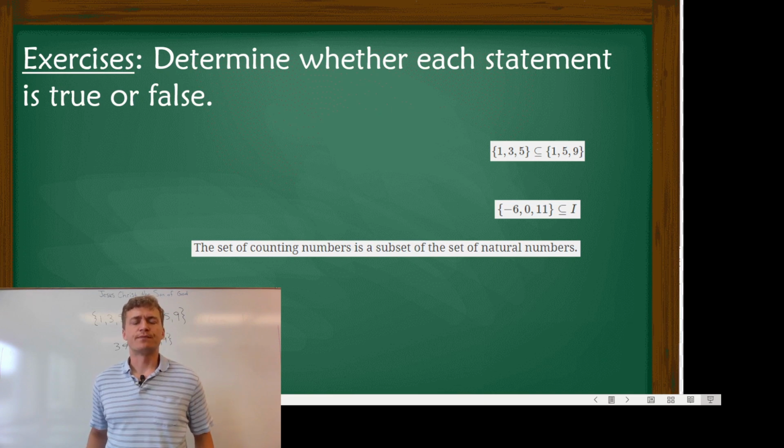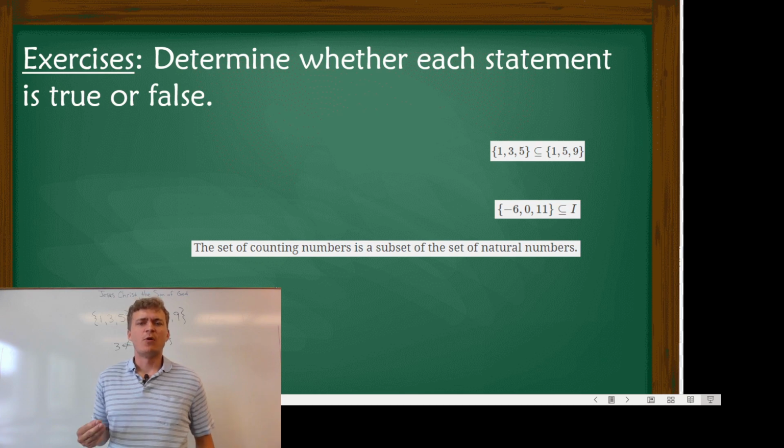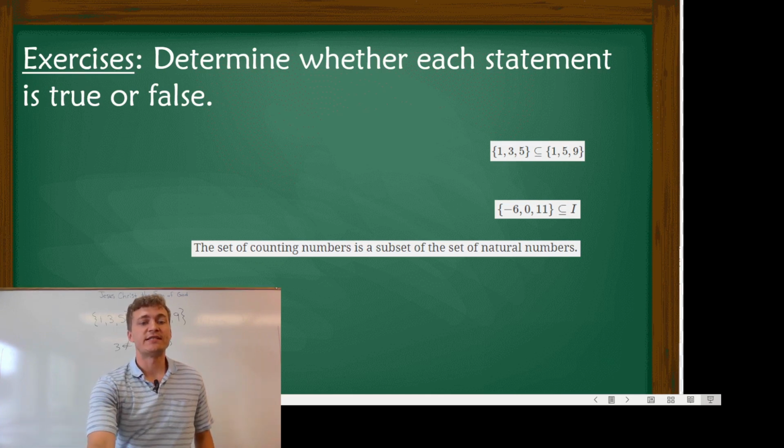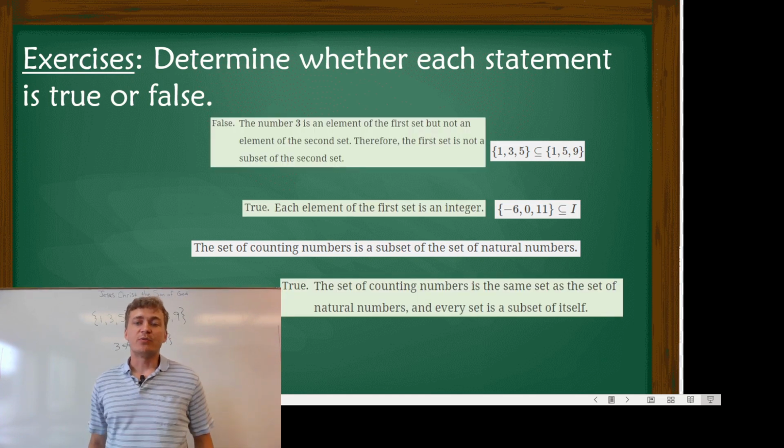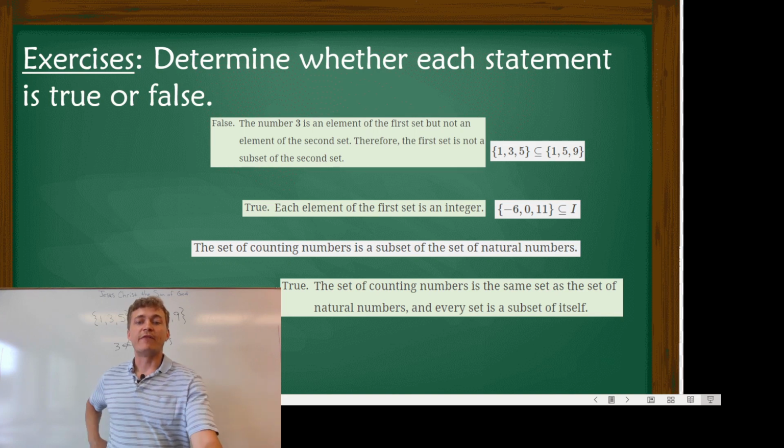Is that true or false? We want to review our previous video that says that the counting numbers and natural numbers are the same thing, right? We can refer to natural numbers as counting numbers and vice versa. So in this instance here, we have a true statement. The set of counting numbers is the same set as the set of natural numbers, and every set is a subset of itself.